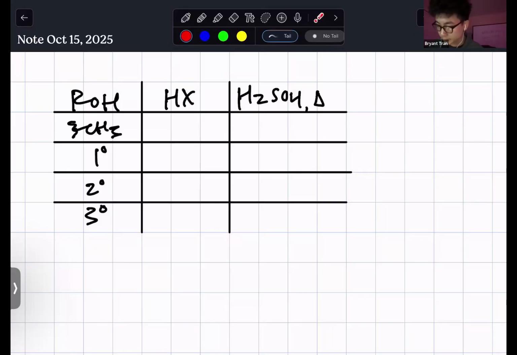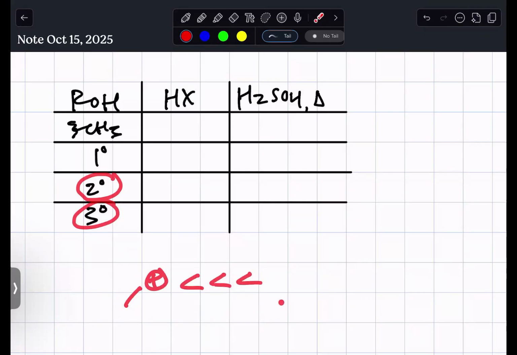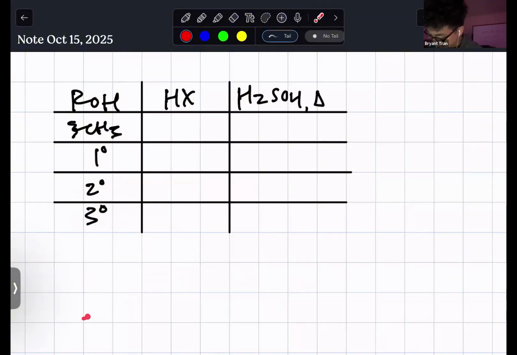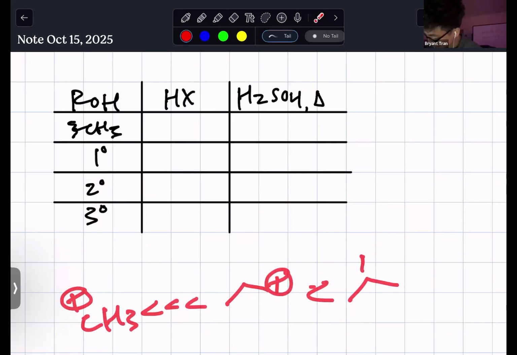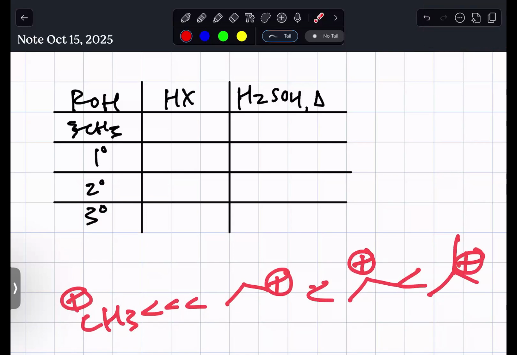So those are going to be stable for secondary and tertiary carbocations, because a methyl carbocation is very unstable. Let's say CH3, methyl carbocation, is the least stable. And then this is a primary carbocation, then a secondary carbocation, and then a tertiary carbocation. The more substituted the carbocation, the more stable it is.